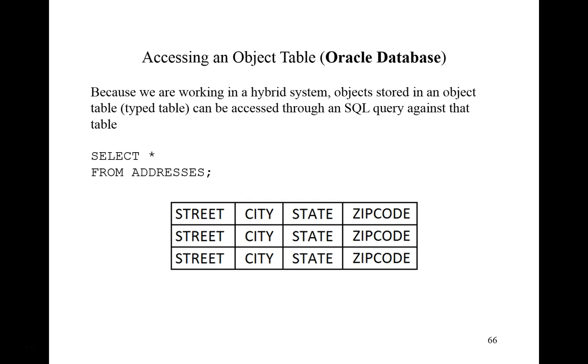The object identifier allows the corresponding row object to be referred to from other objects or from relational tables. So a built-in data type called ref that we've discussed represents such references. So refs use the OIDs to point to row objects.